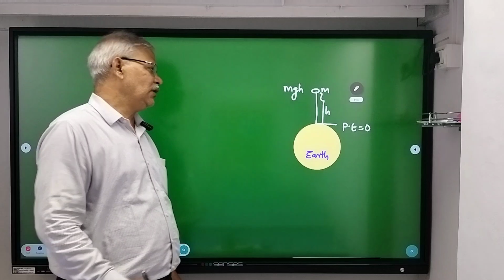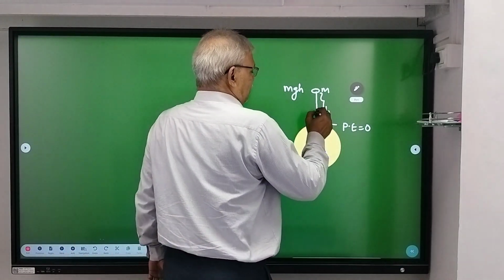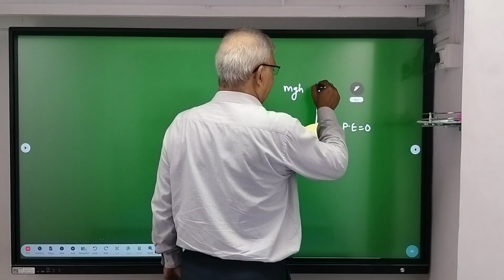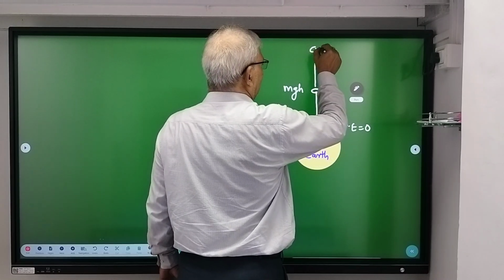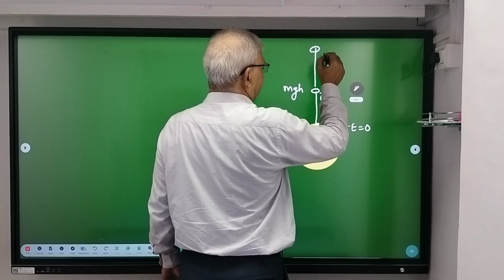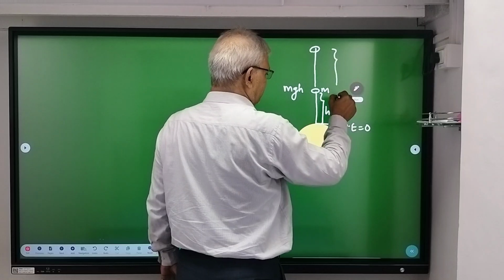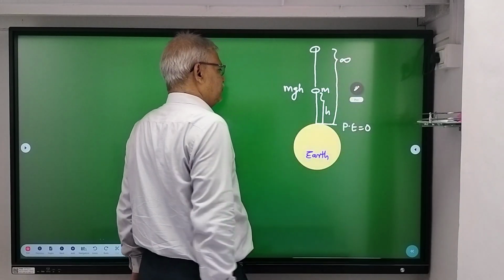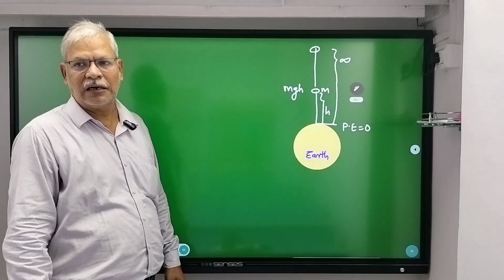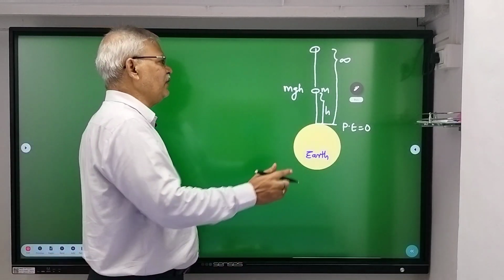Okay, now see, if we take this object up to a height which is equal to infinite, or up to a greater height, what will happen?